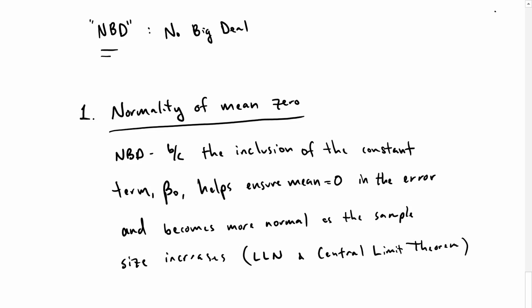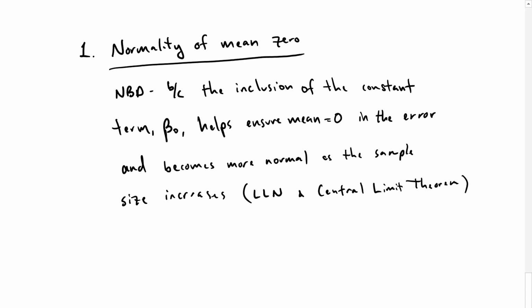We talked a little bit about those, but going back to statistics, you see that as the sample size increases, the law of large numbers kicks in, and the central limit theorem to create normality will kick in as well. Okay, that was it for the first one.